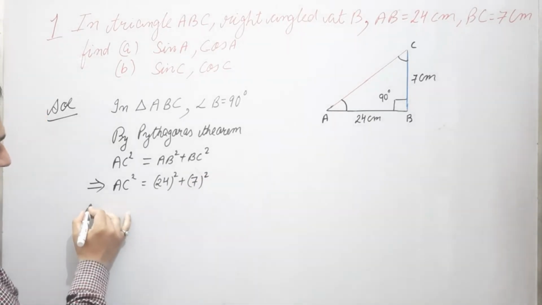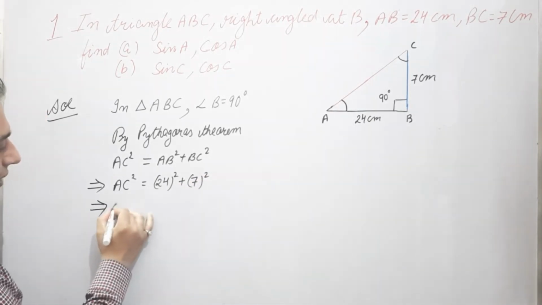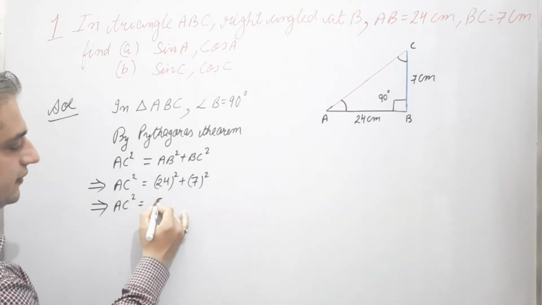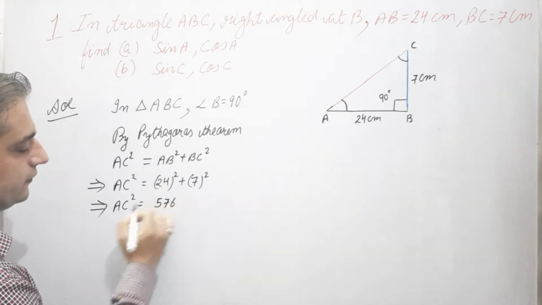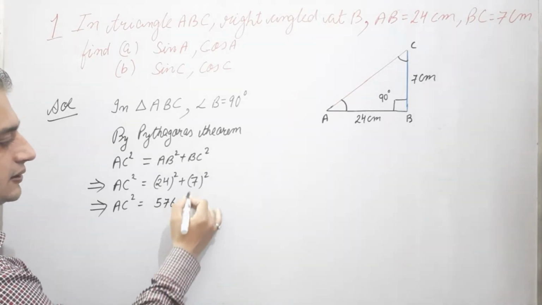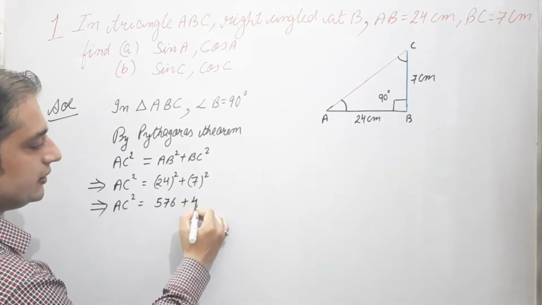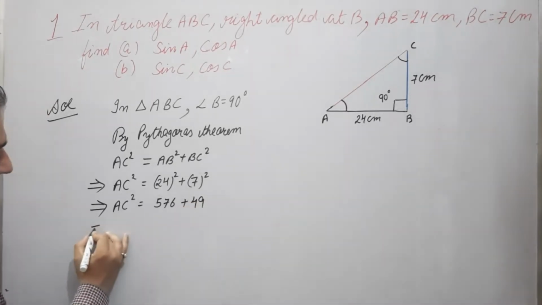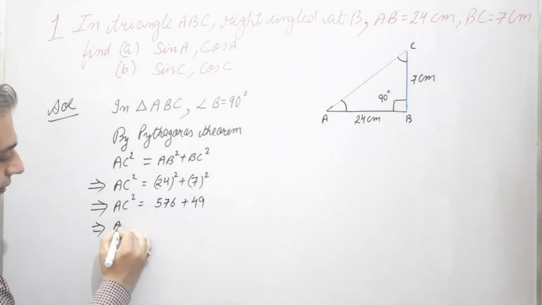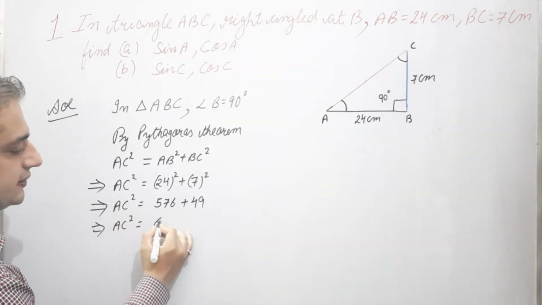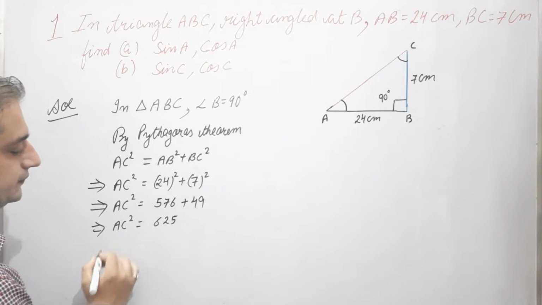It implies AC square is 24 square, that is 576 (24 multiplied by 24), plus 7 multiplied by 7, the square of 7, that is 49. So AC square is equal to 576 plus 49, that is 625. Just add.